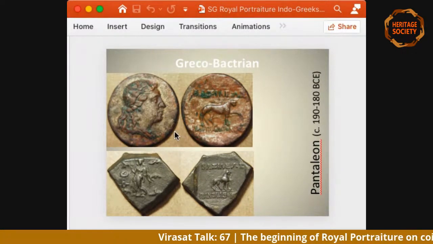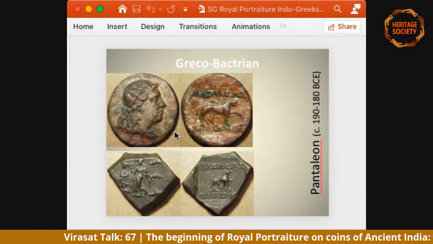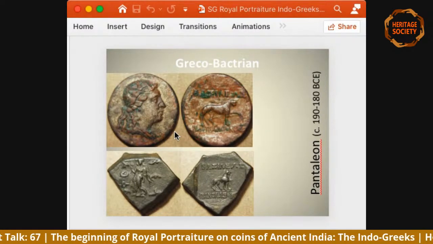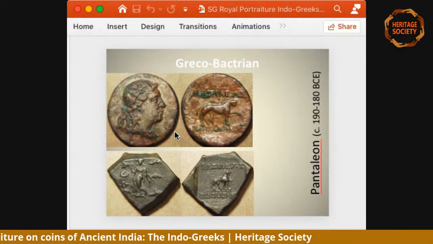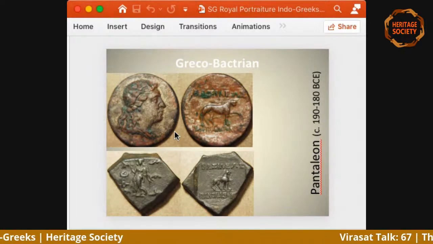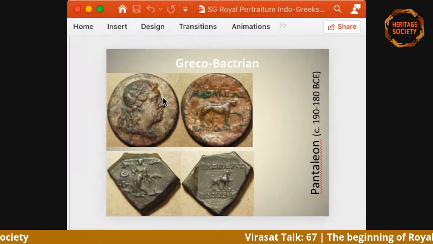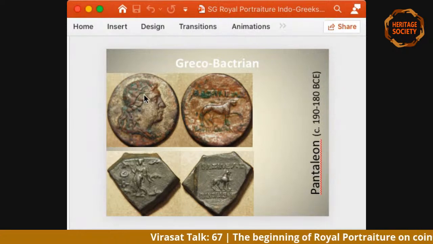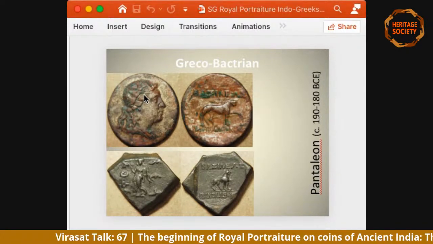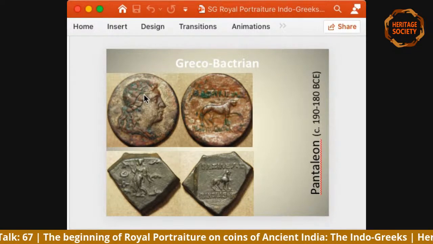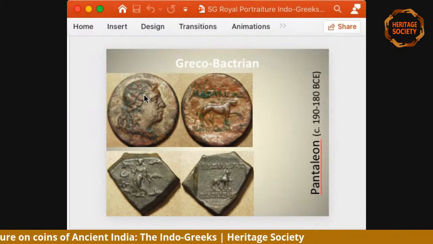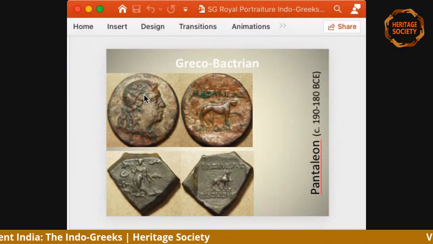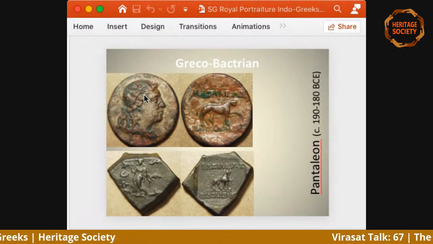Now, again, going to the first coin, as we have seen in one of the previous examples, where the ruler is depicted in such a way that he is identified also with the god Apollo, in this particular coin, this laureate head, supposedly of the ruler, is also identified with the head of the Greek god Dionysus, who is the god of harvest, wine, fertility, and also theater and festivities.